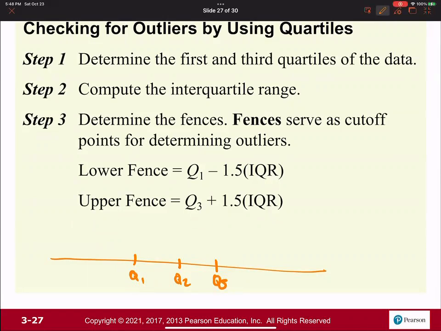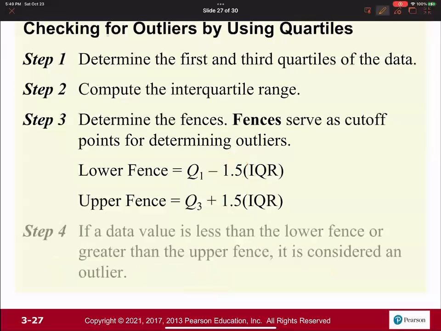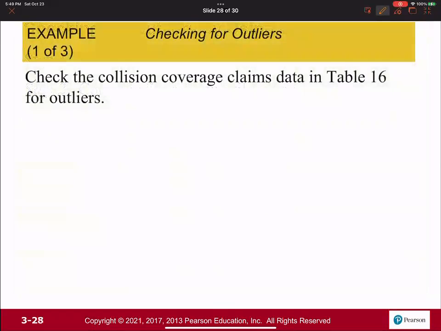So value smaller, that's why we use a minus sign right here. Upper fence is going to have a value larger, so we're going to add our interquartile range. And also we're going to multiply 1.5 to our interquartile range. Let's see an example of that. So if the data value is less than the lower fence or greater than the upper fence, it's considered an outlier.